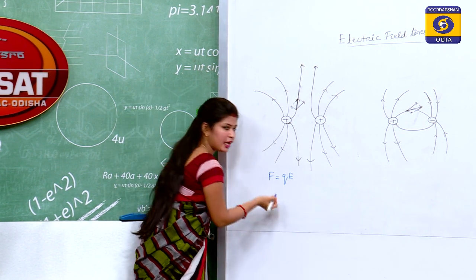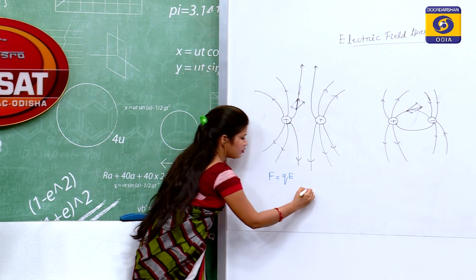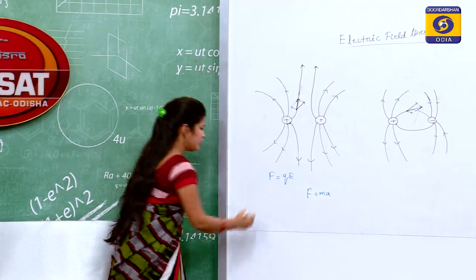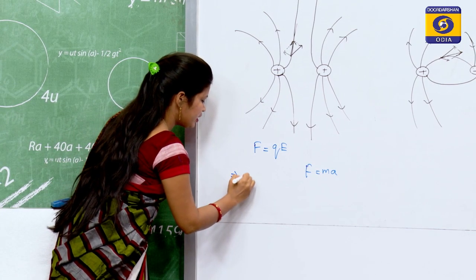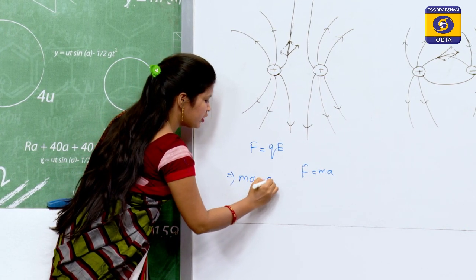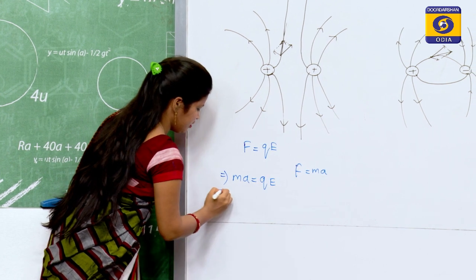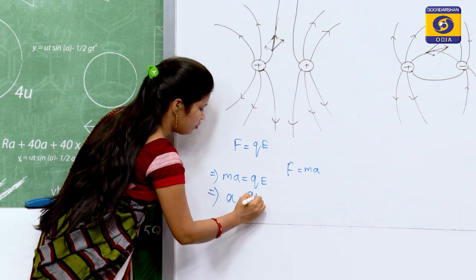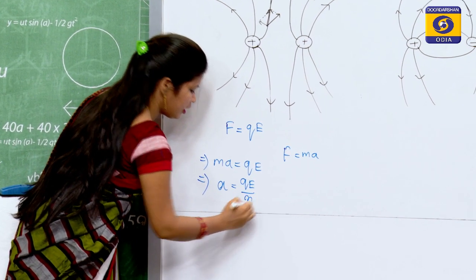When acceleration is present, force is equal to m into a, mass into acceleration. So, putting the value here, m a is equal to q into E, so a is equal to q E upon m.